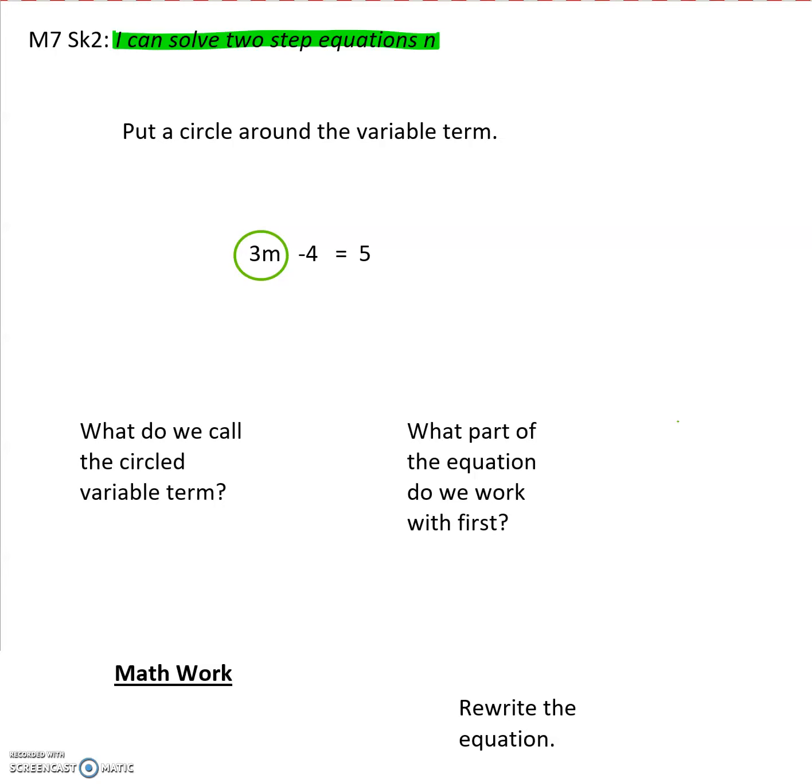We're going to start calling this term right here our circle of don't touch, okay? So that we remember that that's the last thing we're going to do.